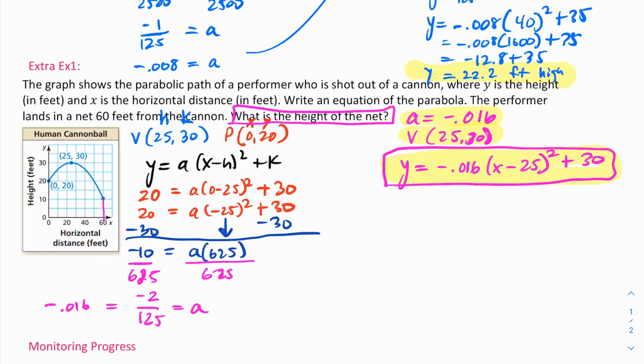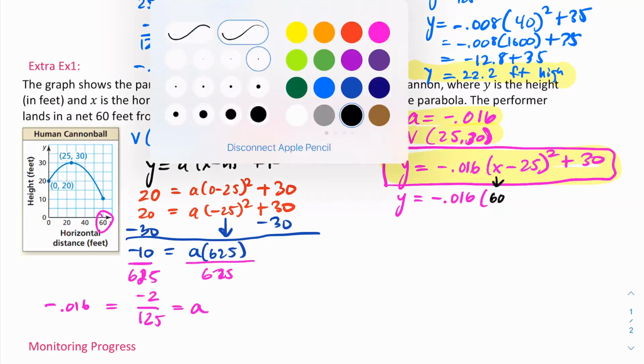You can almost tell right here that it's going to be 10. The thing is with graphs, we don't know if it's exactly 10. It could be close to 10, but not exactly 10. It could be 9.9 or 9.8 or 10.1. So we have to do the math. So x is equal to 60. Everything else in this problem stays the same except for the x, which becomes 60, so that we can solve this equation.